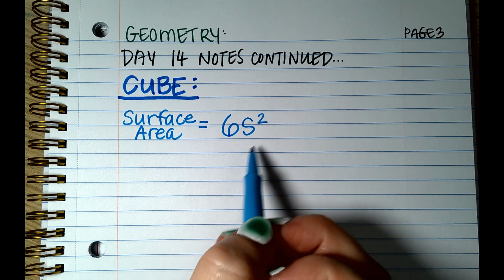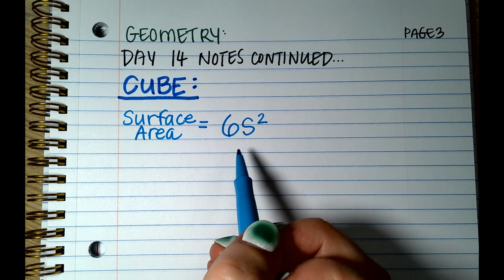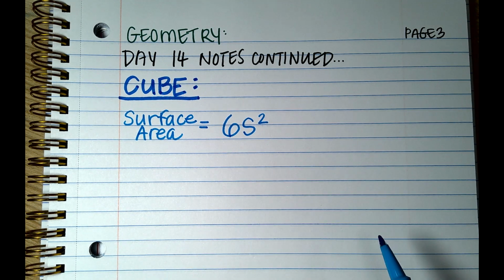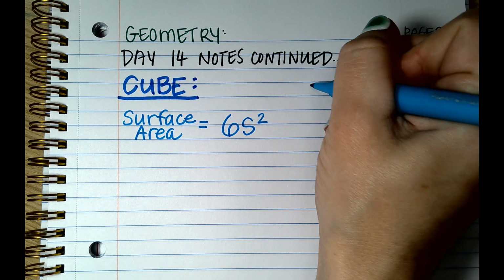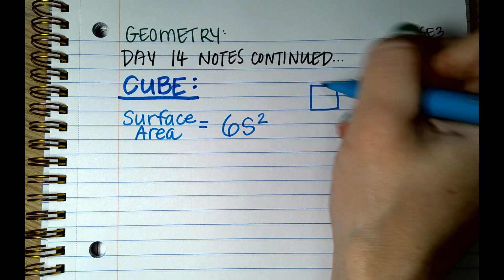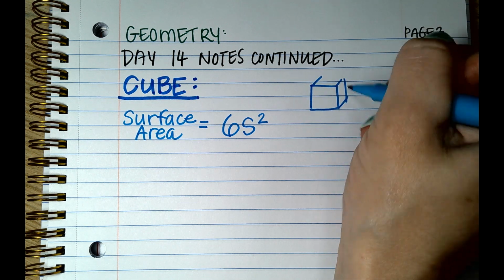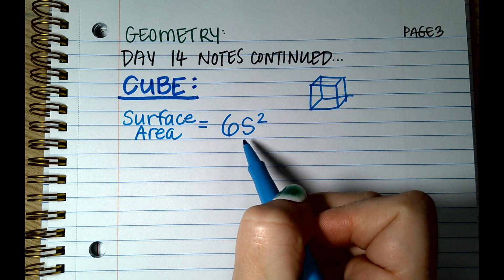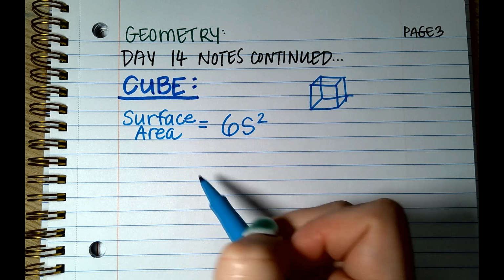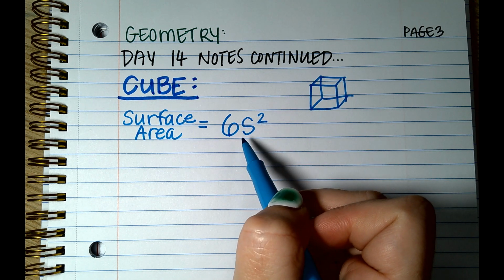Does anybody have an idea of where this formula may have come from, Erica? All you're really doing is looking at each side of the cube that has a two-dimensional shape, and then you just multiply that by the sides. Perfect, perfect. That's all we're doing. A cube is just 6 squares put together. So to find the area of one square, we're taking the side length and we're squaring it.